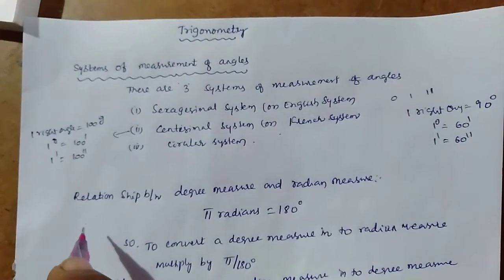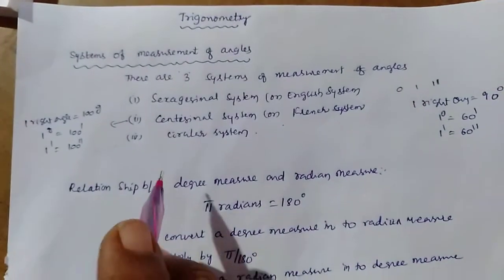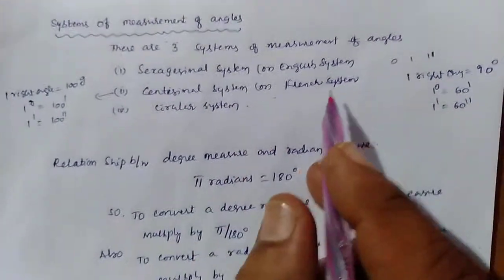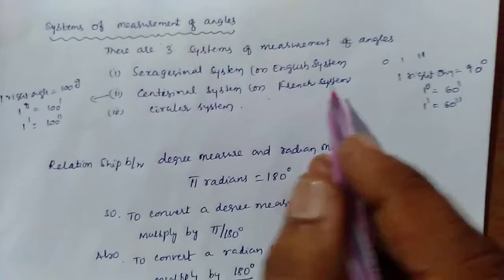This system is called the French system or centesimal system, and this is not much useful for us.